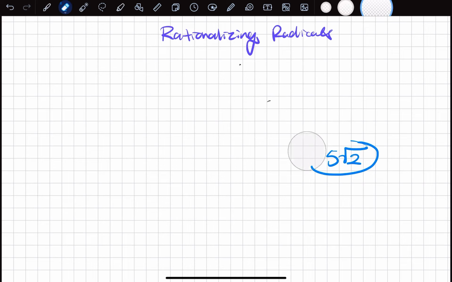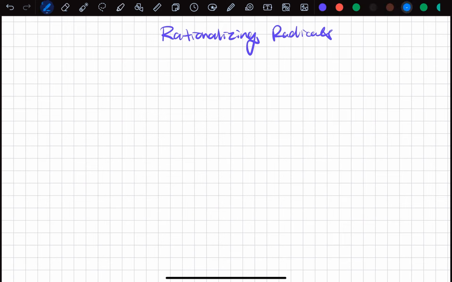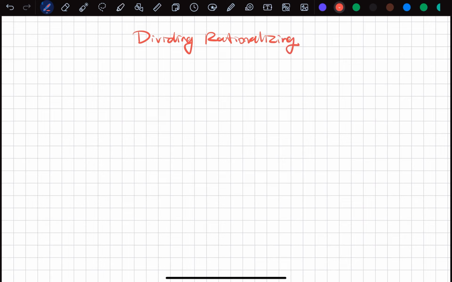Let's see. I don't think I need to do another example on rationalizing. I think a good thing to quickly go over now for the end of this video would be what dividing radicals may look like. So we've gone over how you multiply them, but it's important to not overcomplicate things for yourself when you're dividing.